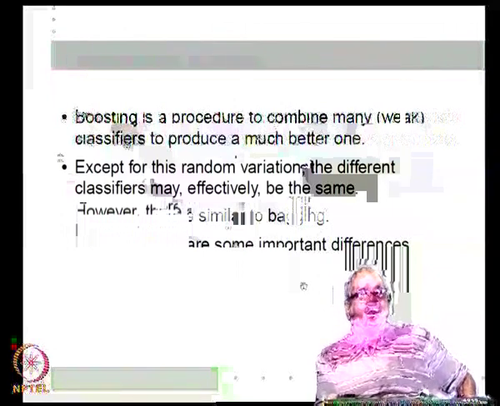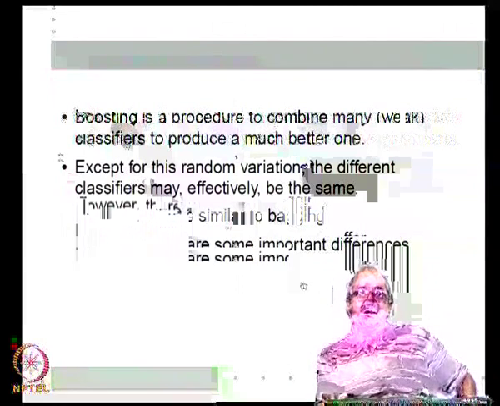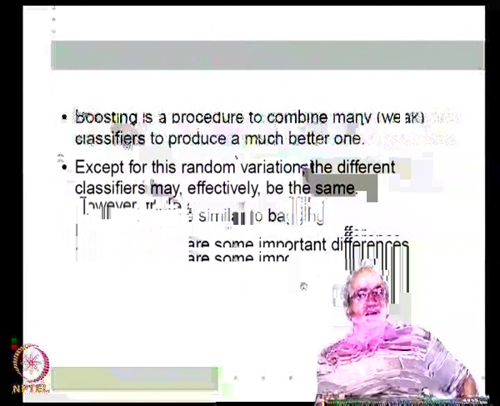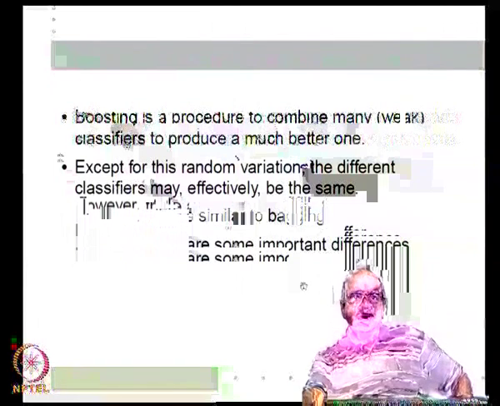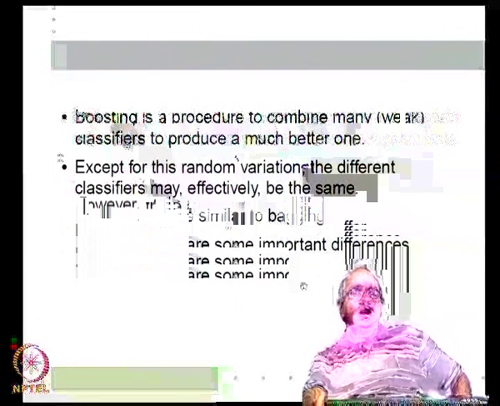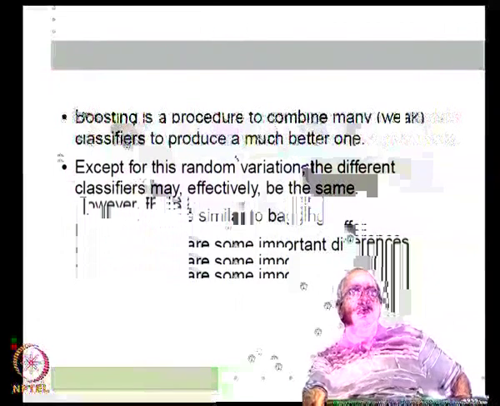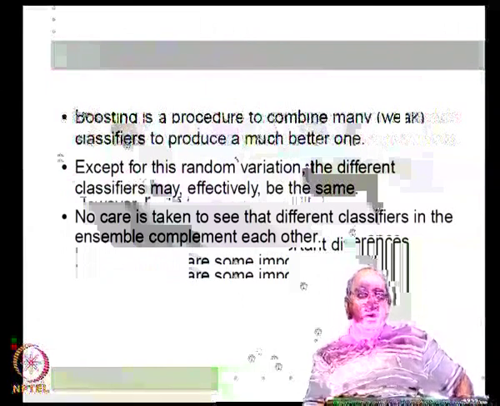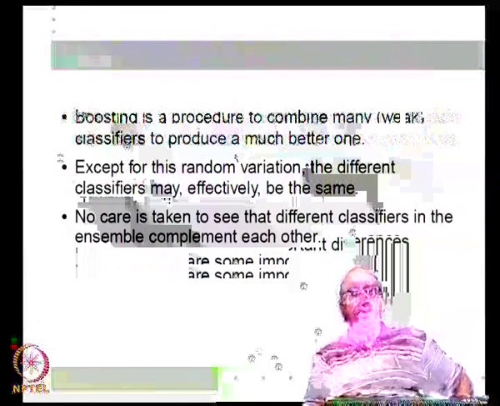There is nothing else. There is no purposive variation in the different training data sets. We are not purposely looking for variation in the training data set. Just this random variation which comes because of random sampling is the only variation present in different training data sets and hence in different classifiers. We have not actually taken any care to see that the different classifiers in the ensemble complement each other.